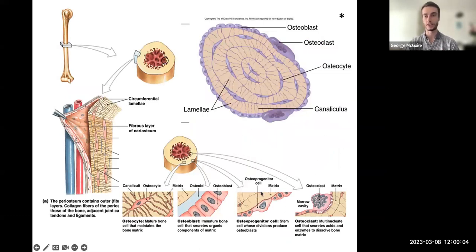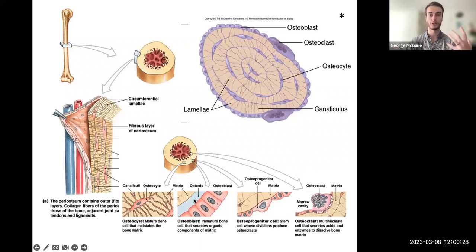Our osteoprogenitors are the stem cells that are going to produce immature bone cells called osteoblasts. Osteoblasts are going to play a role in depositing more calcium into our bone. So when we have excess calcium, osteoblasts are what are going to store it. And then a mature osteoblast is called an osteocyte.